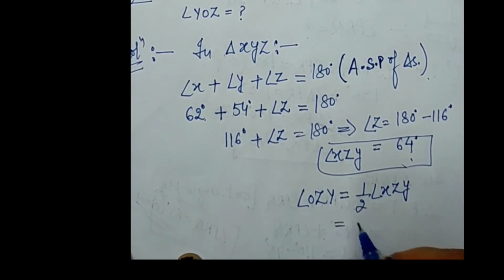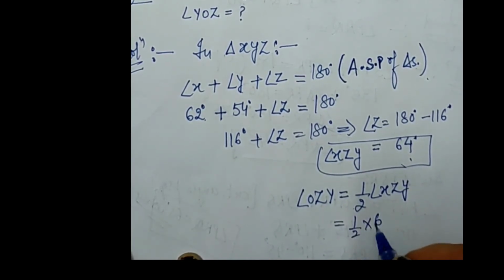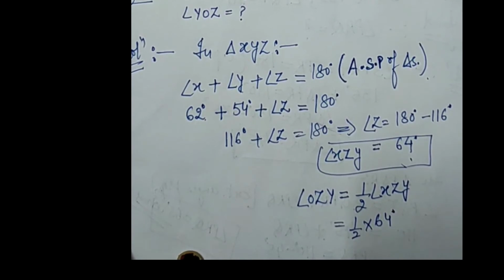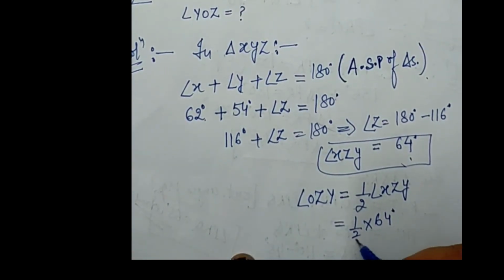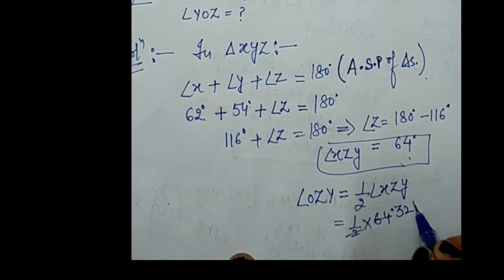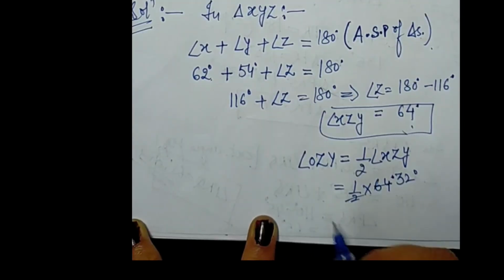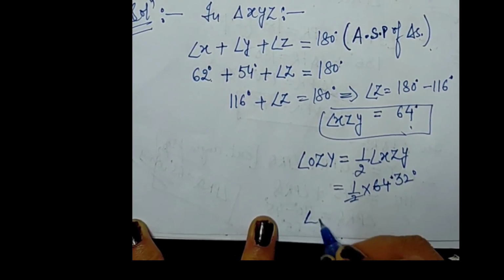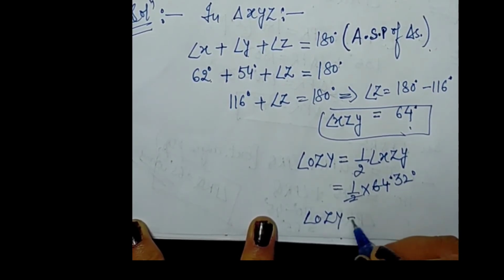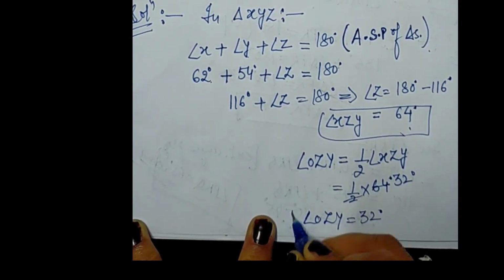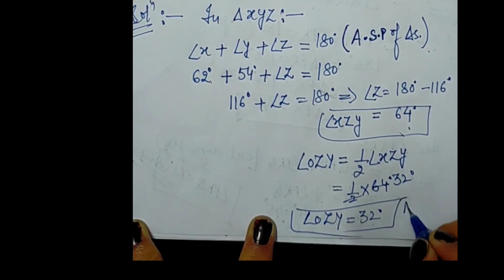That will give us half into 64. That will give us 32. So one of the required answers we got: angle OZY is equal to 32 degrees. So one of the answers is this one.